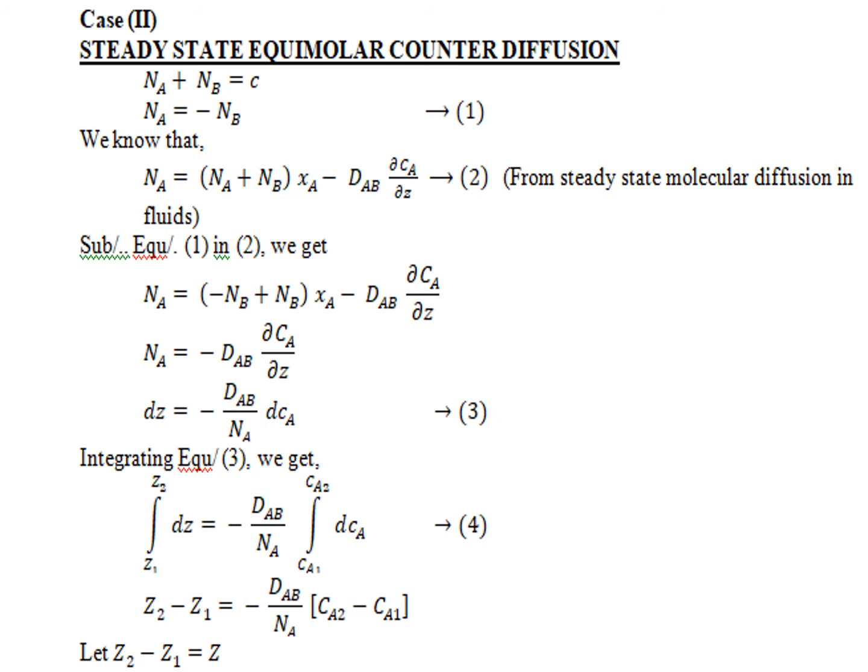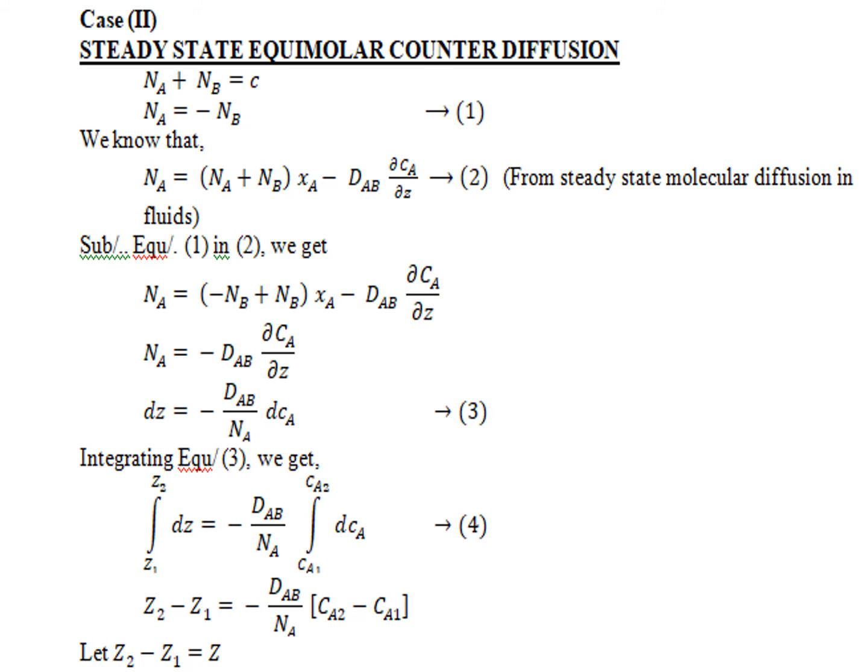So we know the total flux expression. Total flux or rate of diffusion is equal to convective flux plus diffusion flux or molar flux. Total flux is Na. Convective flux is nothing but, by some reference velocity, capital N into Xa, plus diffusion flux, which is Ja. Ja is from Fick's law of diffusion.